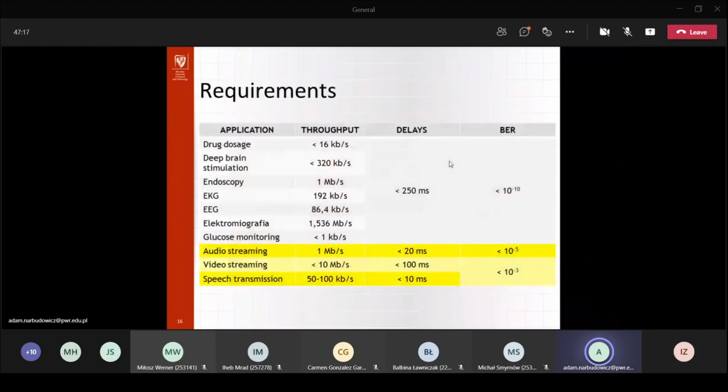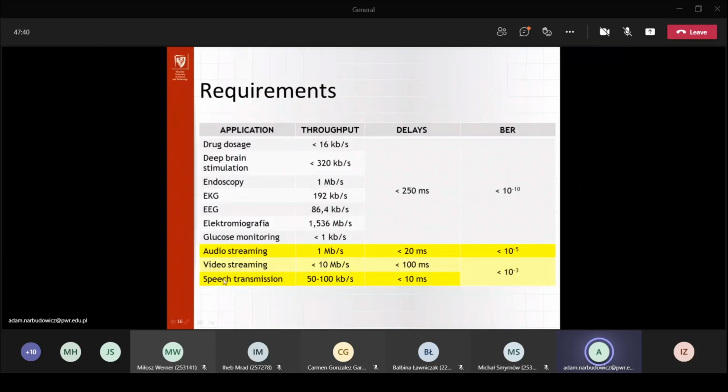All right. These are some requirements for different types of medical applications. So obviously, different types of applications require different communication speeds or different throughputs, as well as delays.